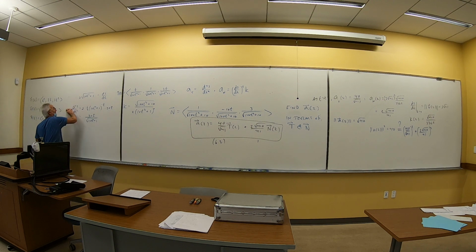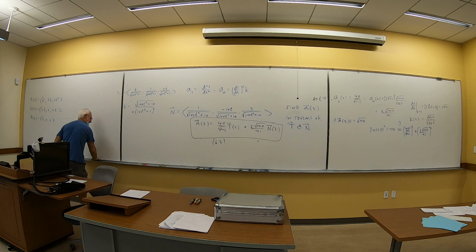Let me erase this. Yeah, I got those numbers over there. We'll come back to those. So last day, we figured out that curvature, which is, let me write it out. First things first. There are 2 different shortcuts we're going to do.